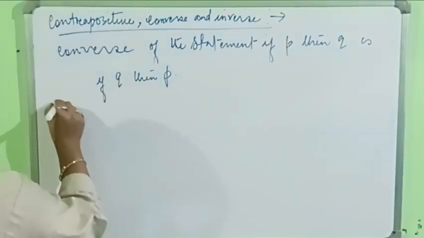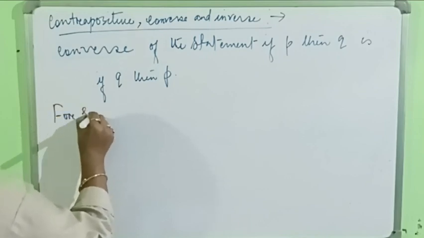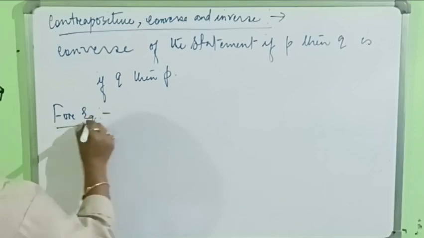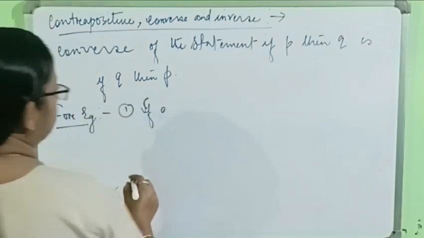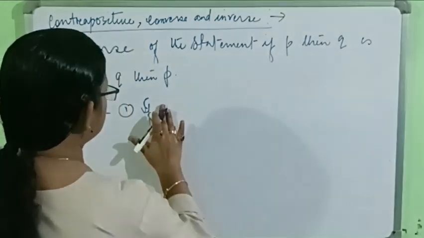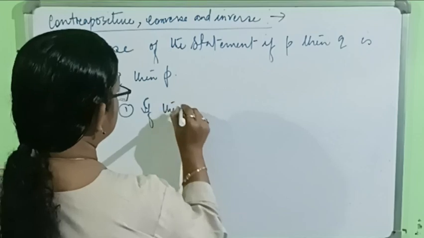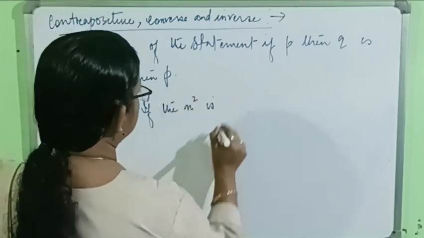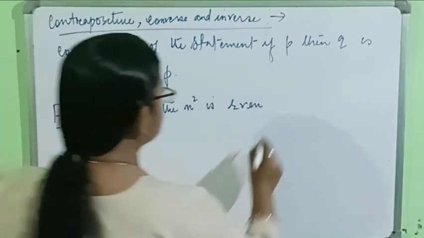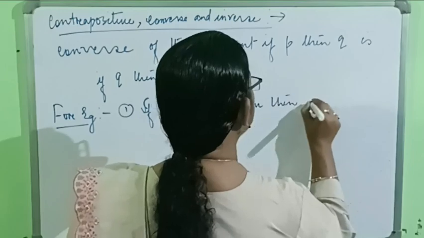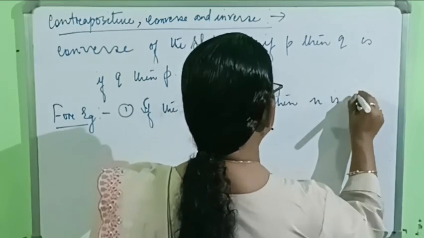For example, consider this, number 1: if the number n square is even, then n is even.